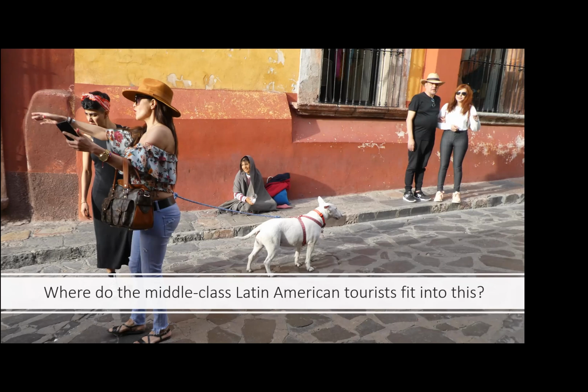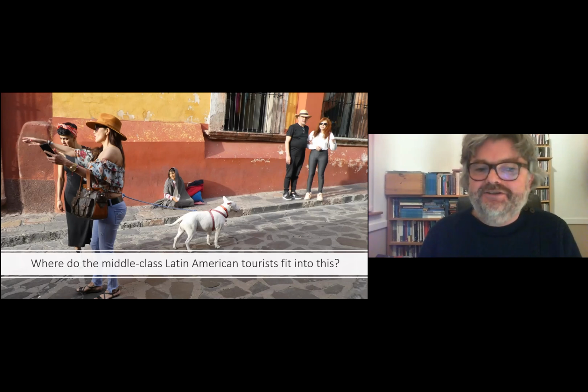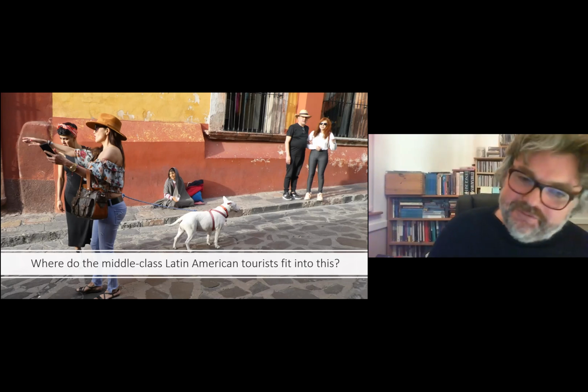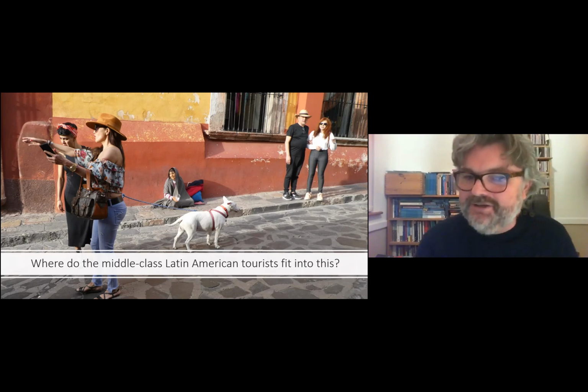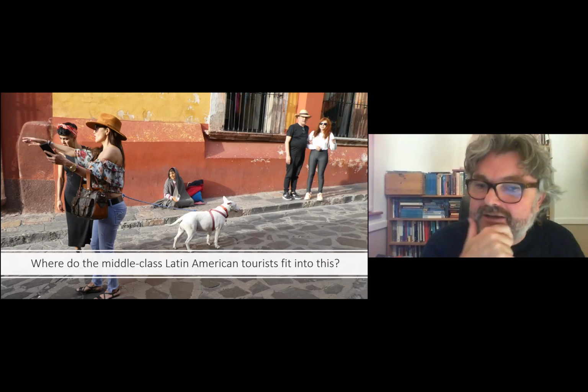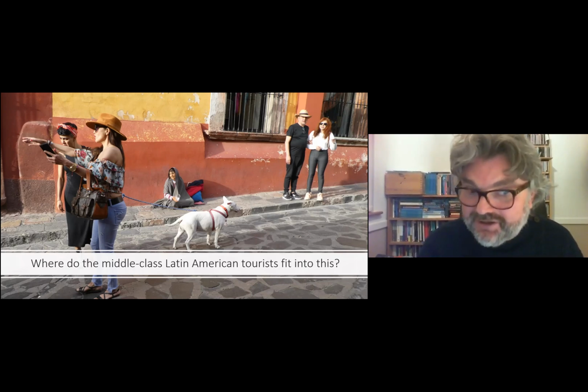Okay, so this photograph neatly summarizes the situation. And again, there are some interesting signifiers. Now, for people who are not familiar with this particular breed of dog, this is an English Bull Terrier. I was astonished to see it in Mexico. It's a really expensive breed of dog. It's expensive in the UK.